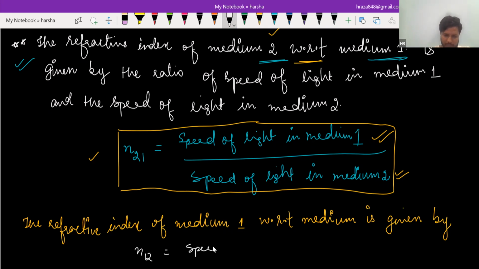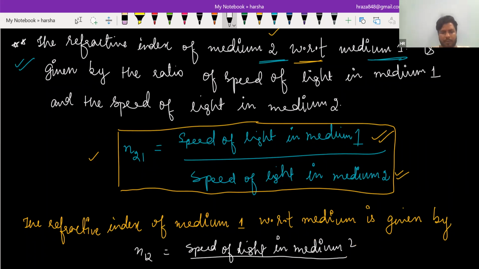So here it will be speed of light in medium 2 upon speed of light in medium 1.